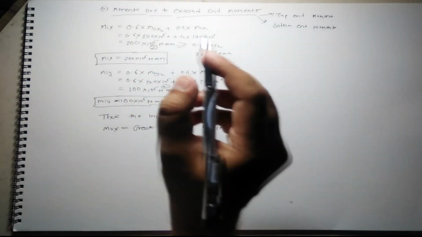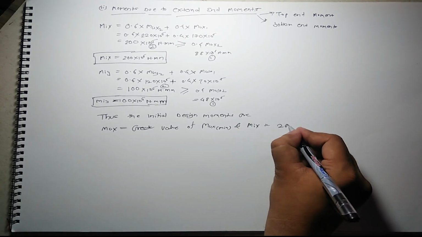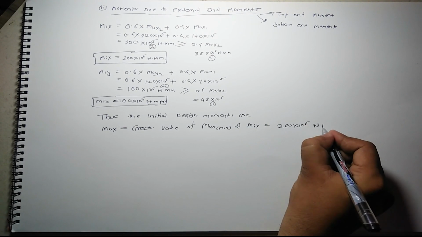So I think this value is greater. Looking towards it, it should be 200 into 10 to the power 6 Newton mm.